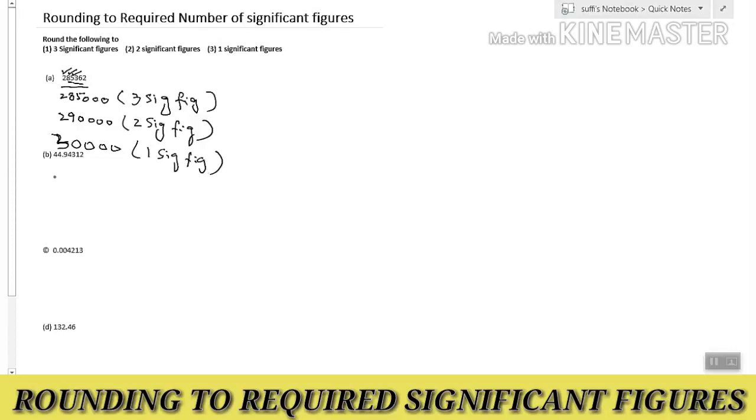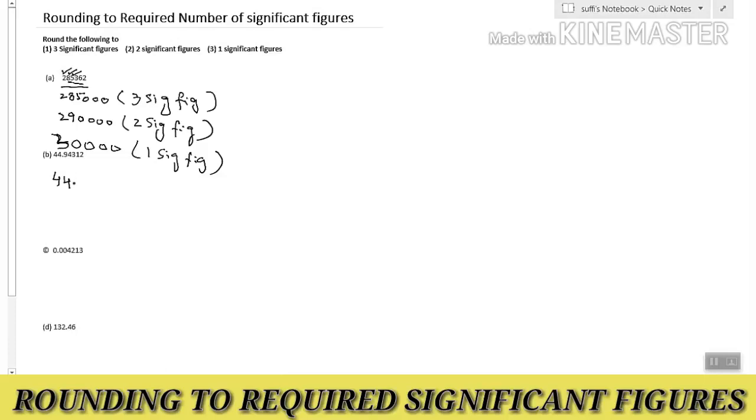Okay, let's take another example. In this example, first we will round off to 3 significant figures. It is 44.92312. To round off to 3 significant figures, the first significant figure is 4, the second is 4, the third is 9.